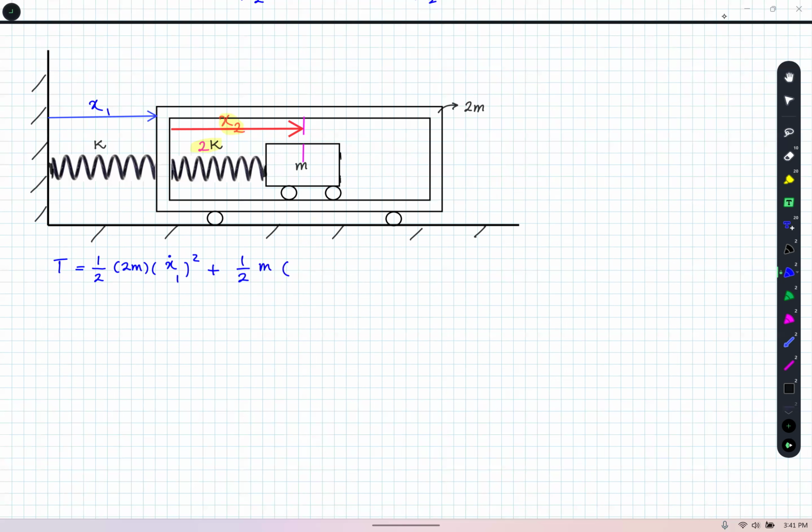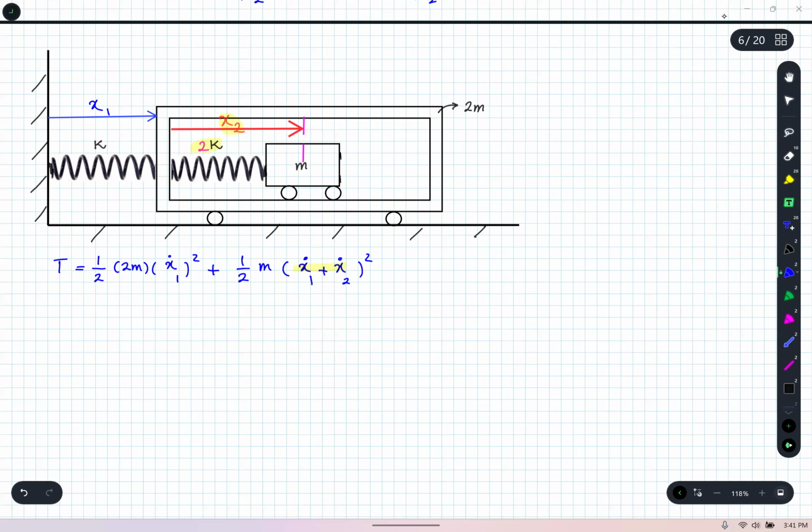Mass is m, but we need to be careful. Its absolute velocity is x dot 1 plus x dot 2, squared. Remember, you add the velocity linearly, because if you're standing outside and you're watching mass m, obviously its velocity is x dot 1 plus x dot 2.